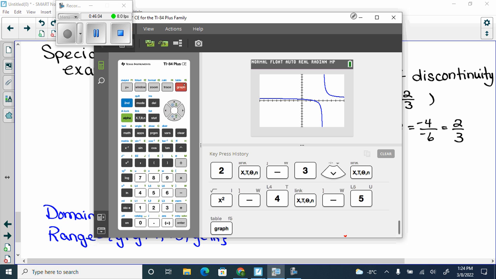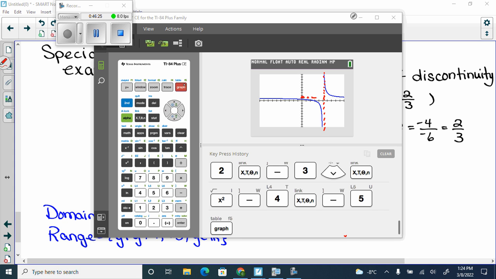So look, I have a vertical asymptote at, what's this at? I typed something in wrong. Oh, I have a vertical asymptote at 5. I have a horizontal asymptote at y equals 1.